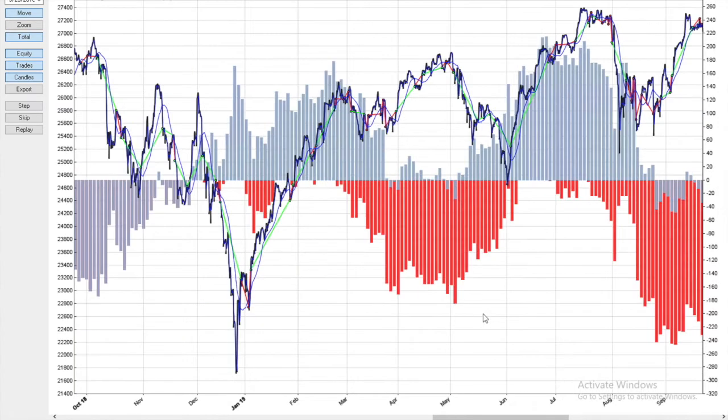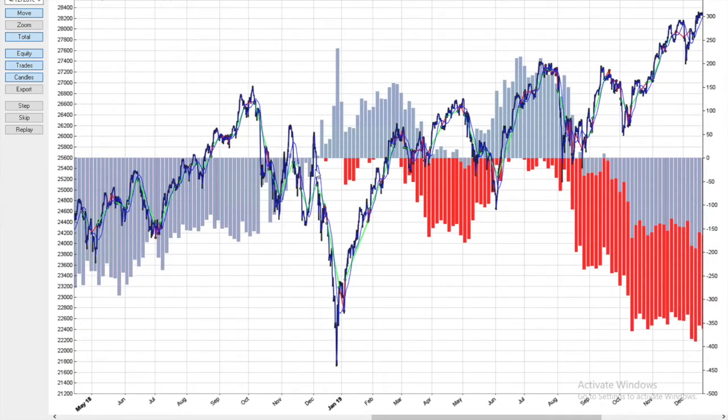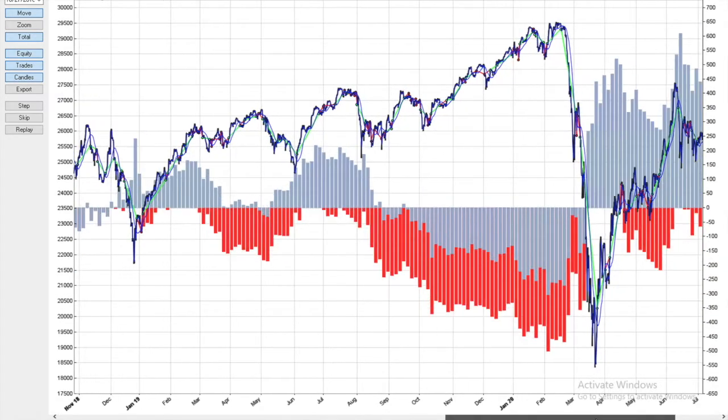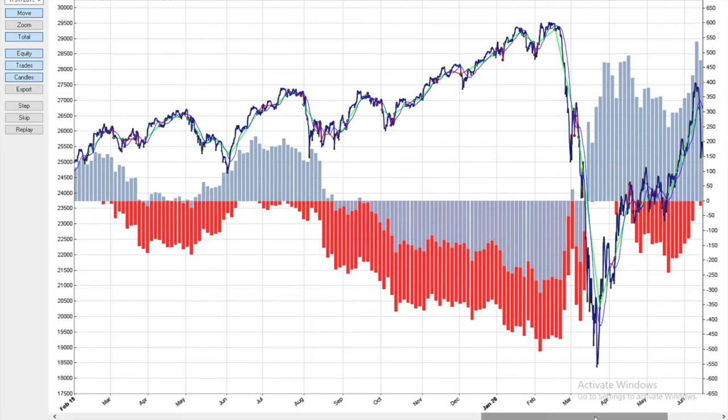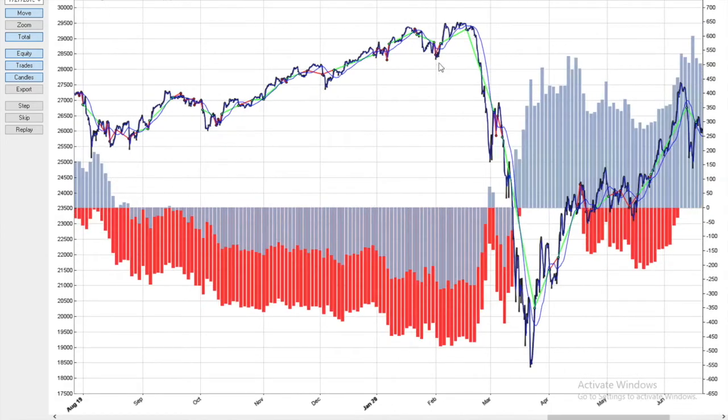and if you actually look at it, it's at the beginning of 2020, once the COVID crash kicked off. It identified quite nicely the top and it went short, it won the trade, so it had a few good shorts where it won.